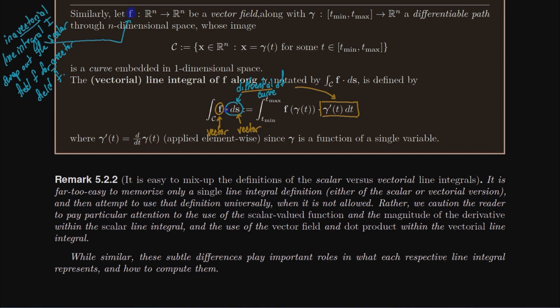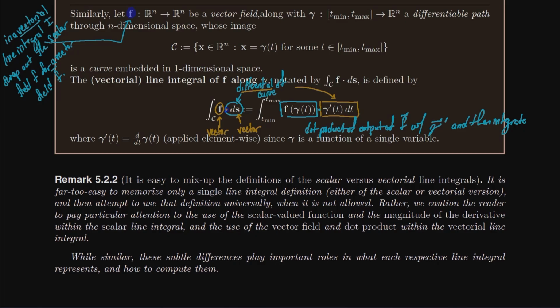The derivative will also be vector valued, and the output of F we assume is vector valued. So you just take a dot product of the output of F with gamma prime, the derivative of the curve, and then integrate.